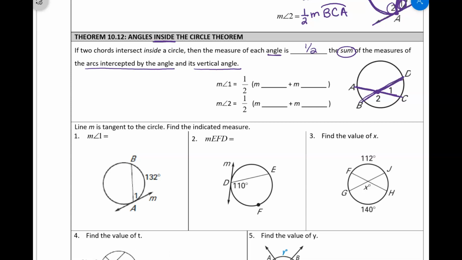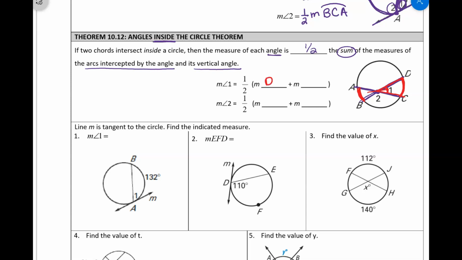So the first thing we're going to focus on here is angle 1. So here is angle 1. It is saying that it is the sum of DC and the vertical angle, look back here, they're across from each other, AB. So angle 1 is going to be half those two arcs added up.